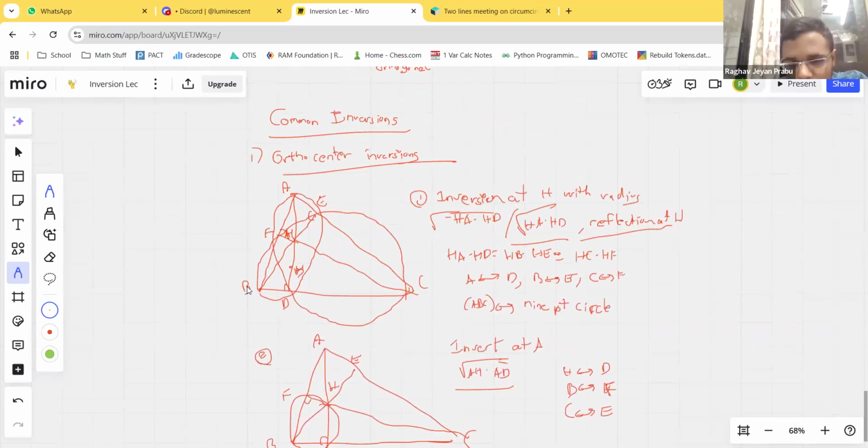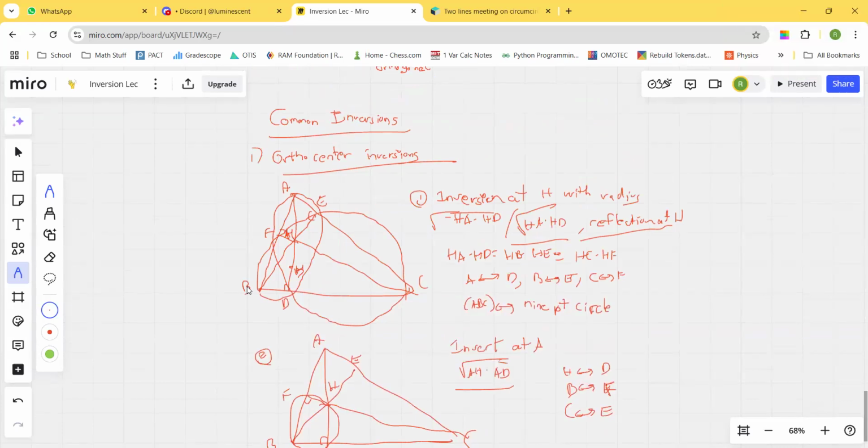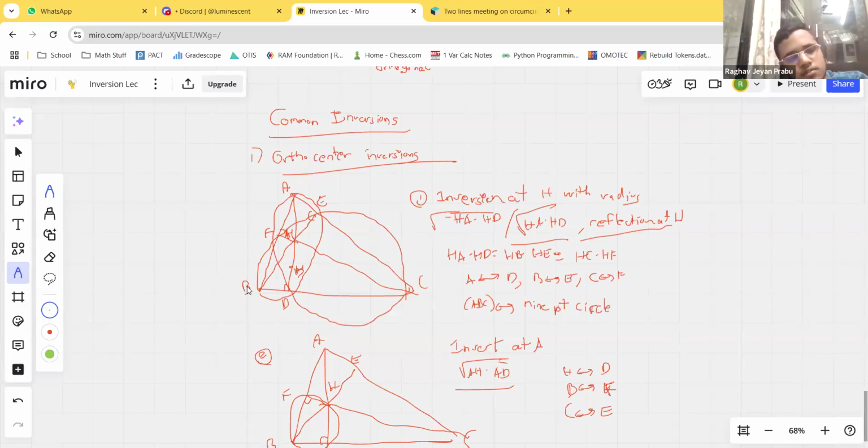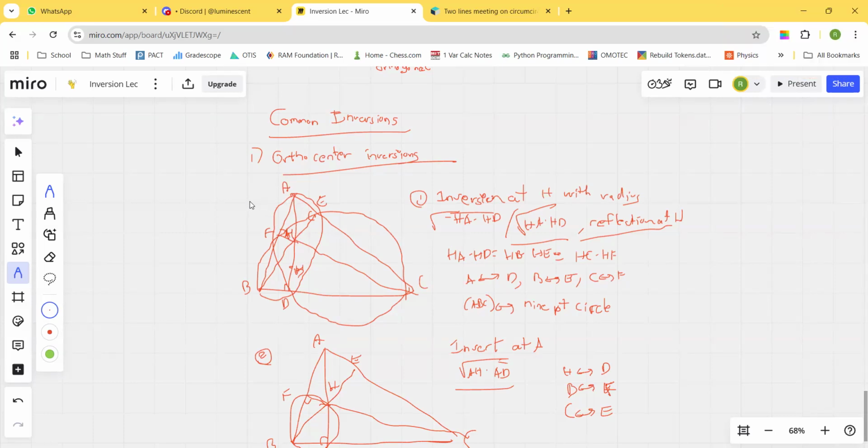What if HA is equal to HD? Then that just means that H is like, it will still map to each other, right? But won't it be the case when either both the points are inside the circle or both outside the circle?